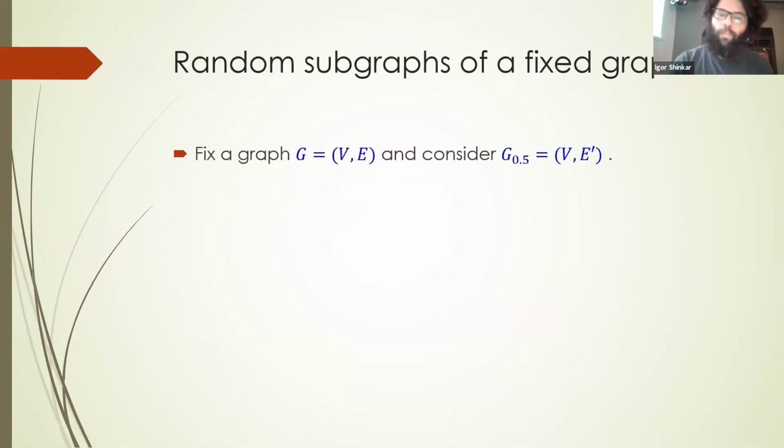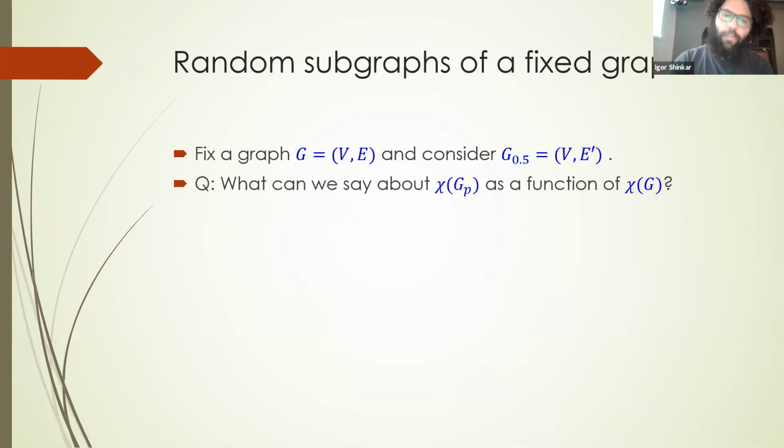Here is the problem. Again, fix a graph G, and let's say we know the chromatic number of G. Think of the chromatic number of G as some number K, and think of K as small, maybe like 20 or log n, so much smaller than n.